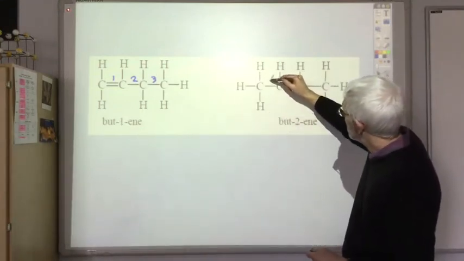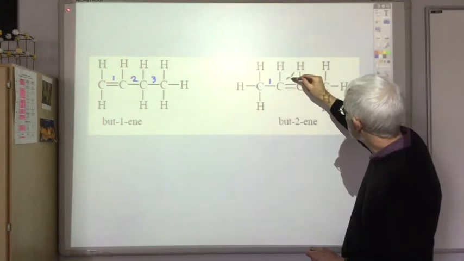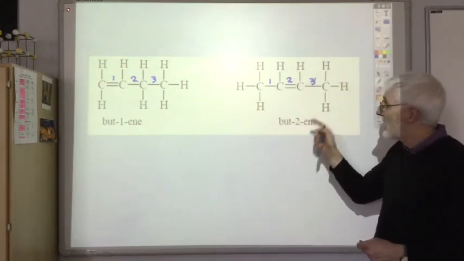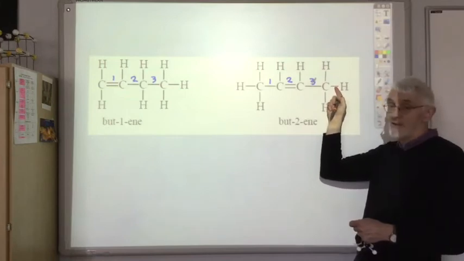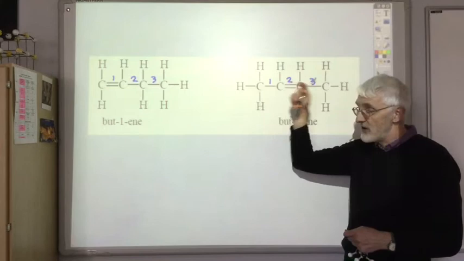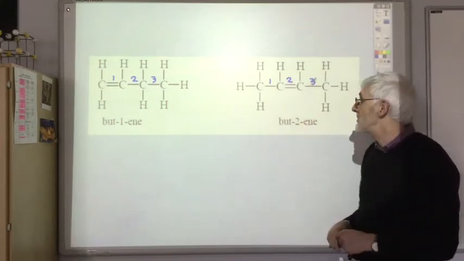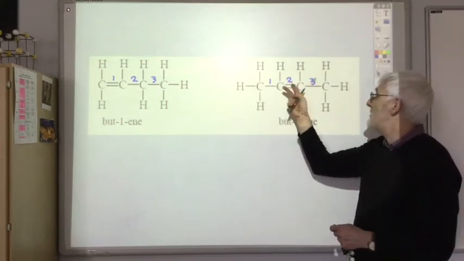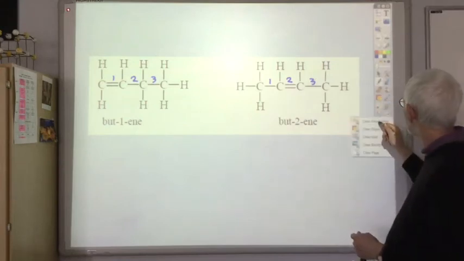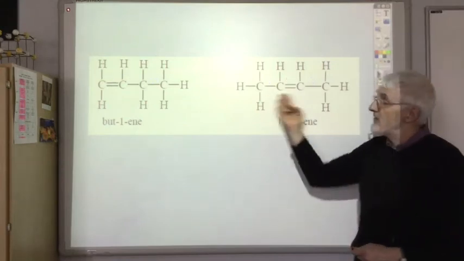Whereas here, there's the first carbon-carbon bond, there's the second, there's the third. So it's but-2-ene. Note, do not number the carbon-hydrogen bonds. So when you're numbering the position of the carbon-carbon double bond, it's just carbon-carbon bonds that you number. And again, they're isomers of each other.